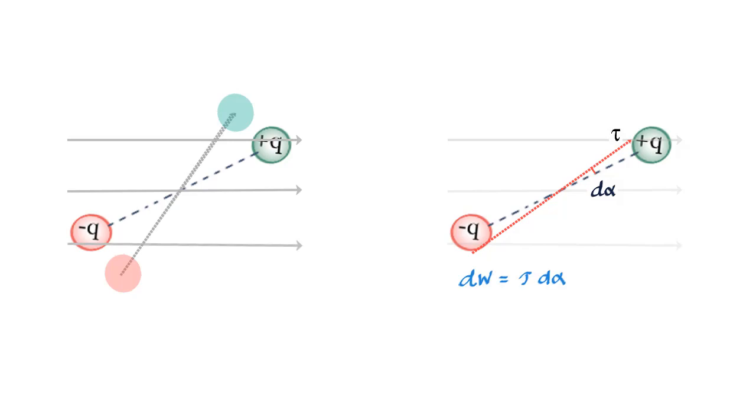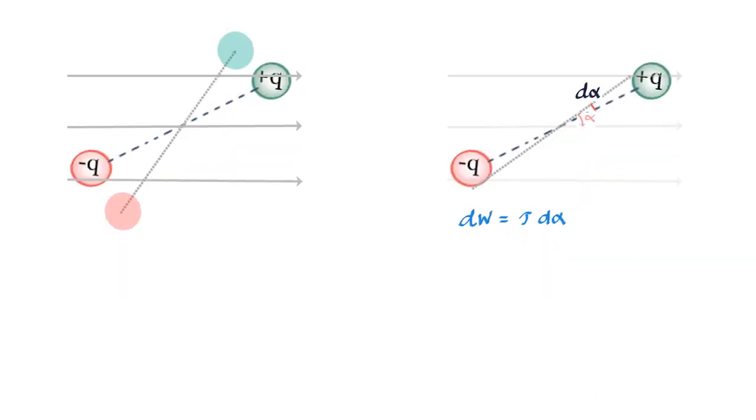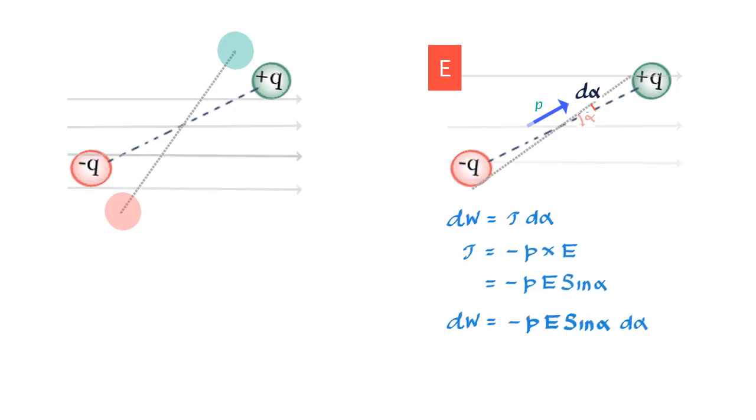Obviously here the assumption is that for a very small change in angle d alpha, torque can be assumed to be more or less the same. We also know that torque is equal to minus P cross E, or this equals minus PE sine alpha. So we can say that dW is equal to minus PE sine alpha into d alpha.